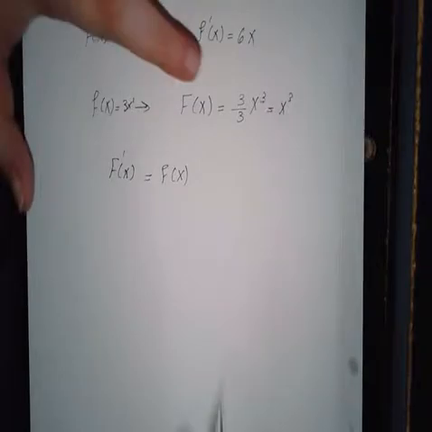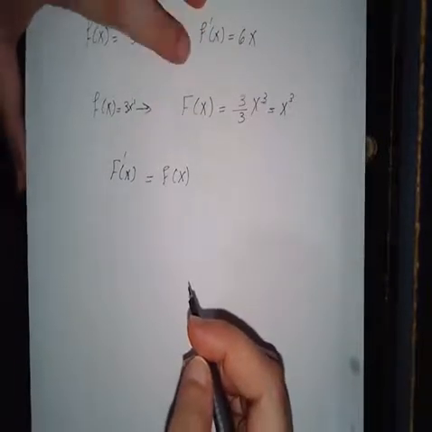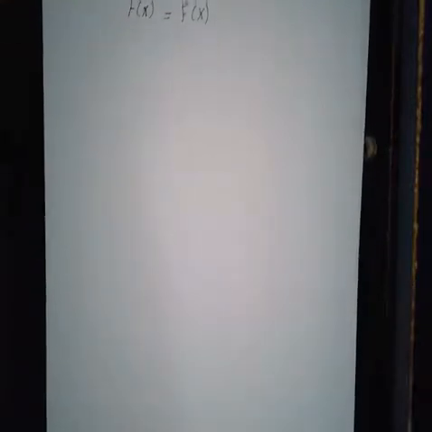So before I move on, I want to show you guys the definition of what an antiderivative really is. Let me go up a little, get this in line. Okay.